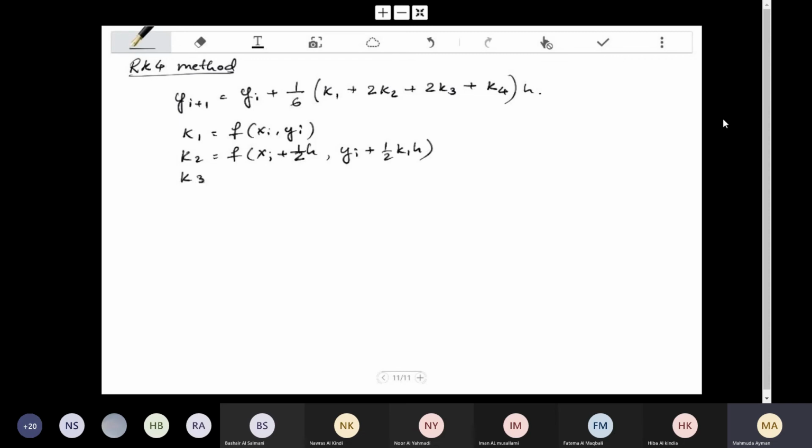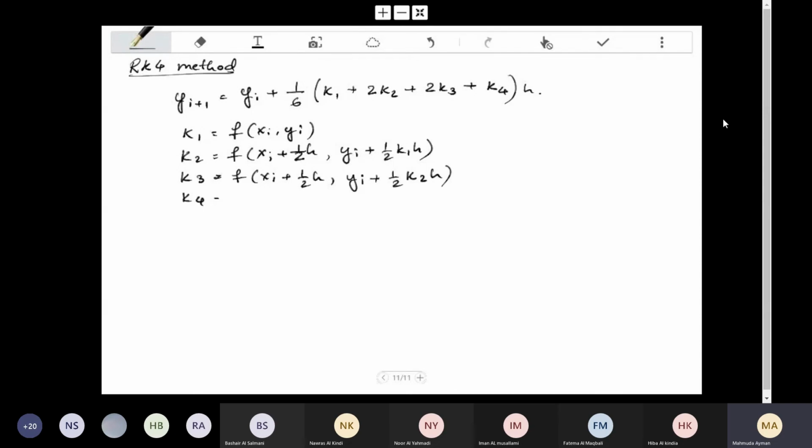And then for k3 we have the function value at x i plus half times h, y i plus half times k2 times h.